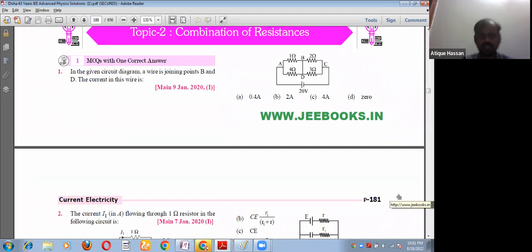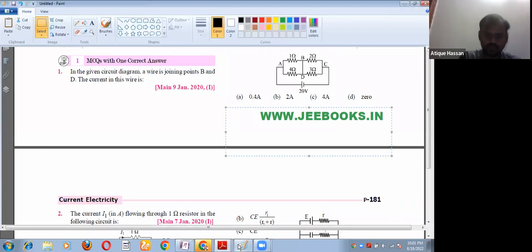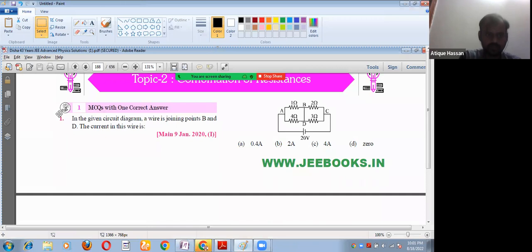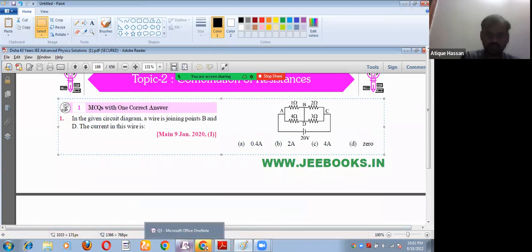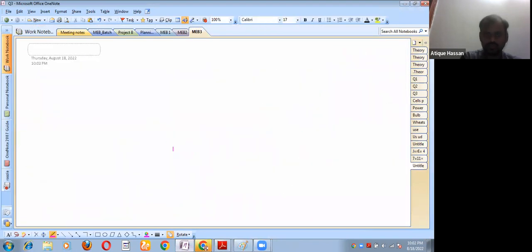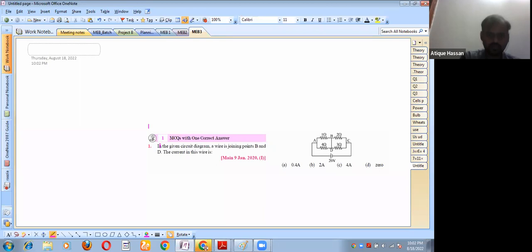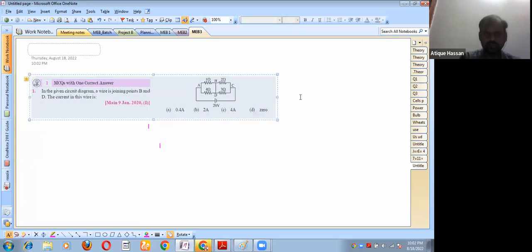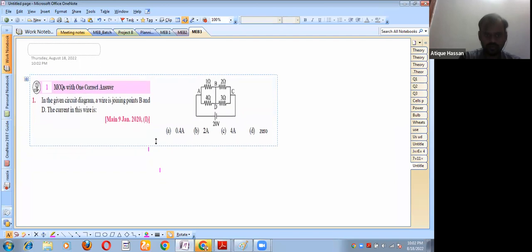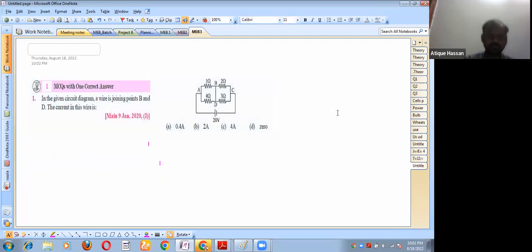All of you can solve it, but try this, all of you try this. JEE Main 2020 question, very easy question.